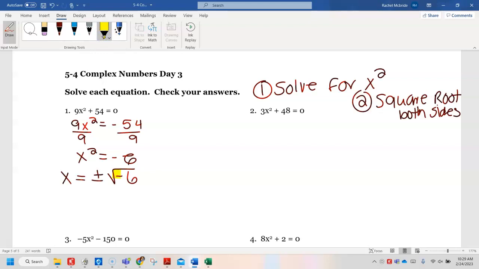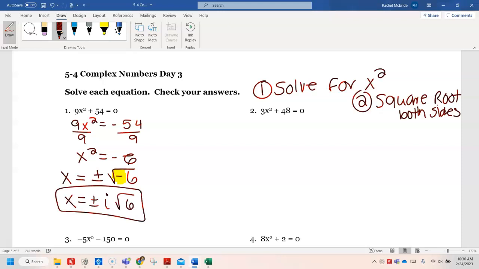But now we know that anytime I have a negative under my square root, I bring it out as an i. So I get x equals plus or minus, because a square has two answers, i square root of 6.